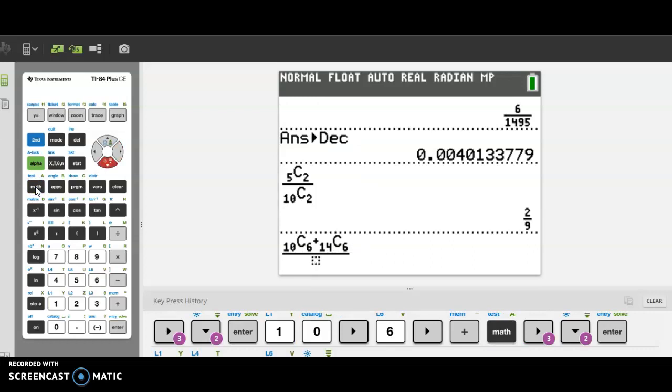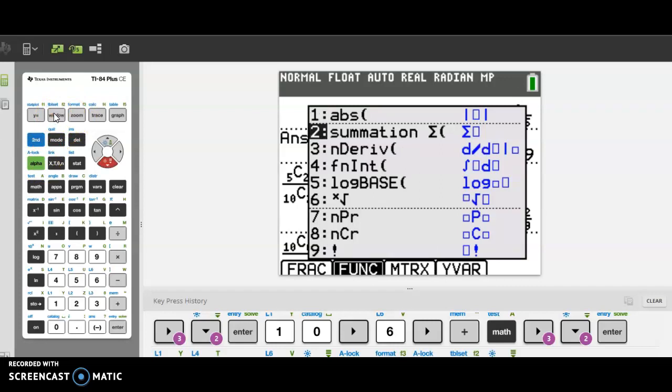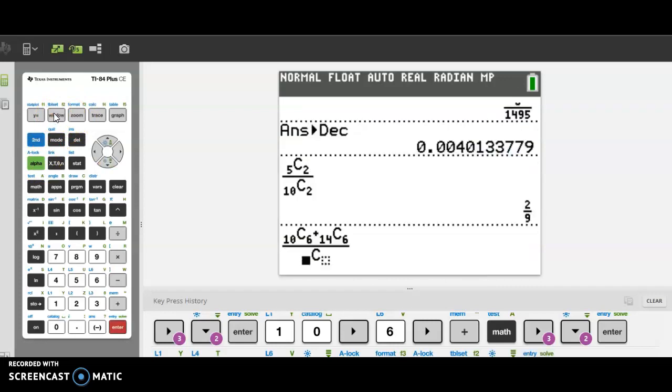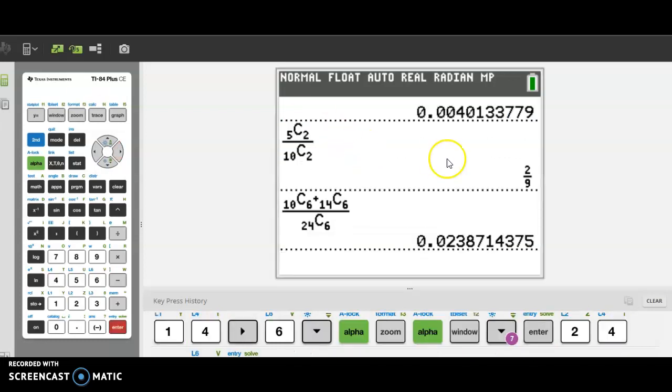I haven't shown you this because I don't use it very often, but there is an alpha shortcut, like alpha zoom, I believe. Nope. Alpha window. There it is. If you hit alpha window, there's a faster option to get NCR, but I don't use it very often, so I often forget about it.